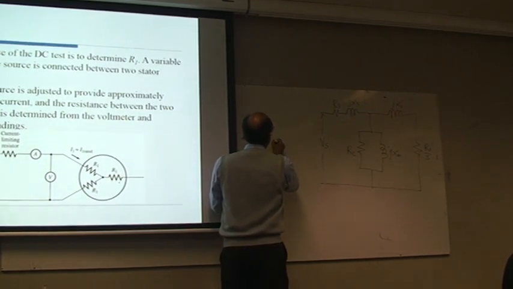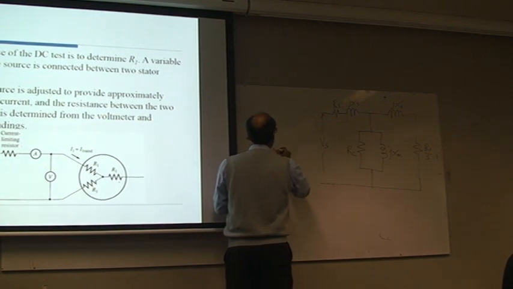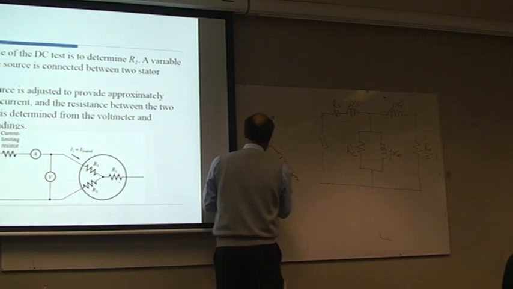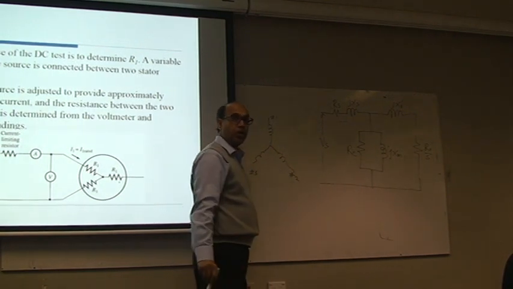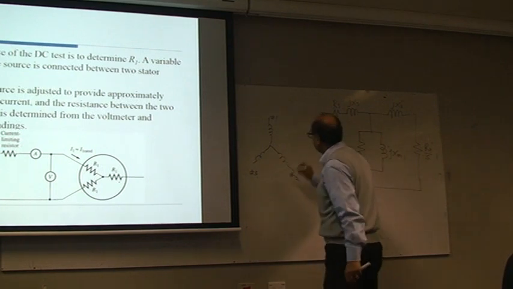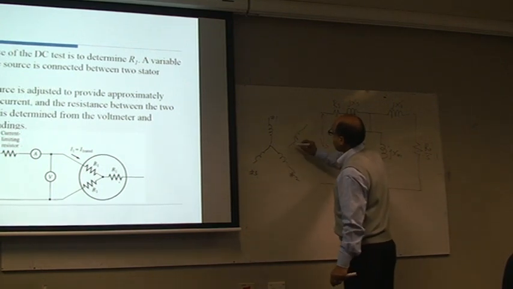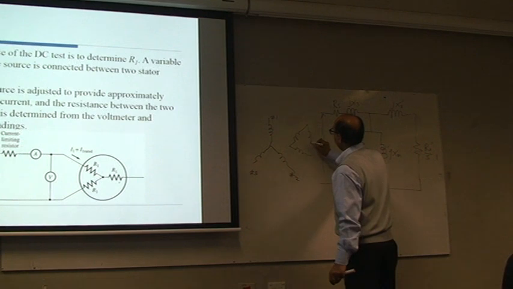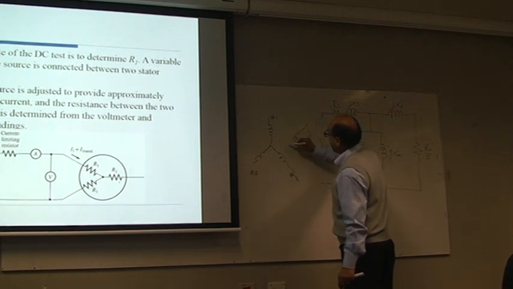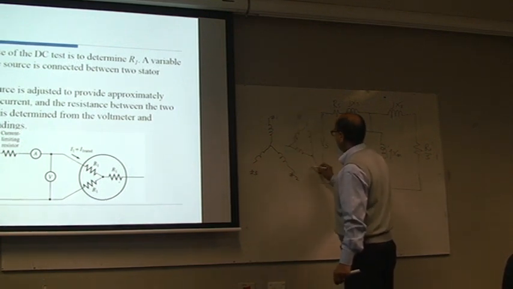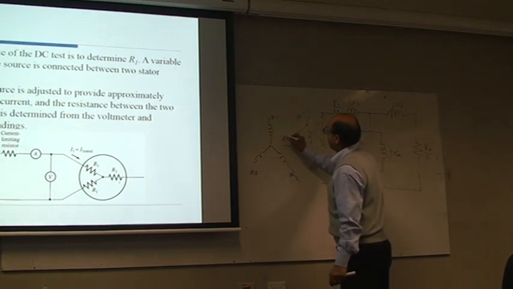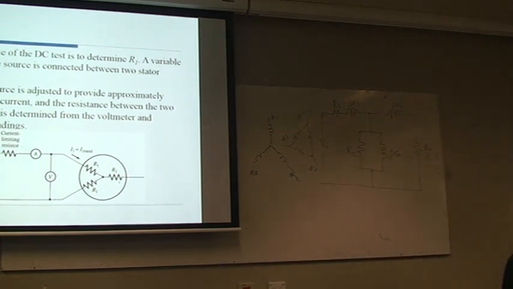So it can be like this, or you can have the situation like that. So if I say that yes, you can do using ohmmeter, how do you get that?